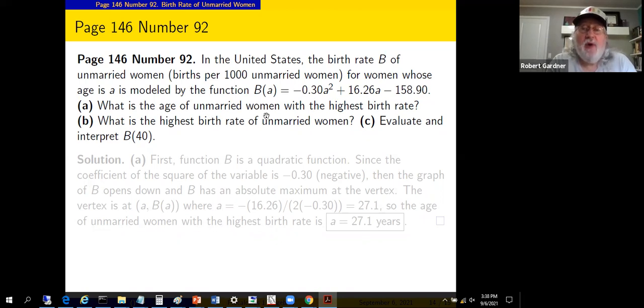What's the age of unmarried women with the highest birth rate? Part A. Part B, what's the highest birth rate of unmarried women? Part C, evaluate and interpret B of 40.